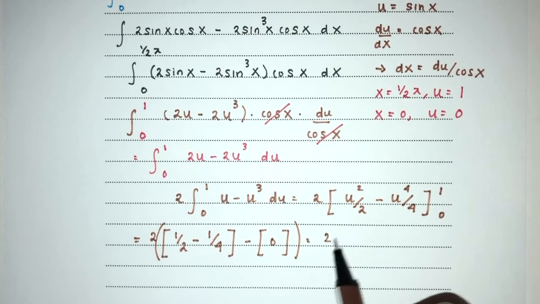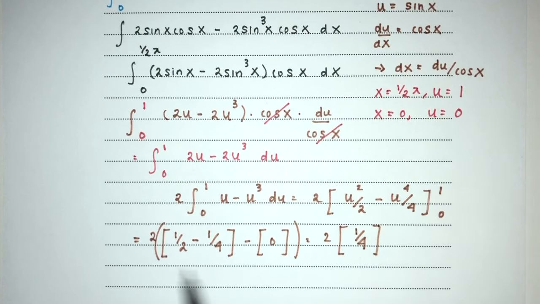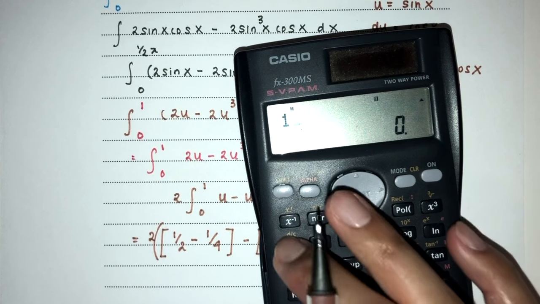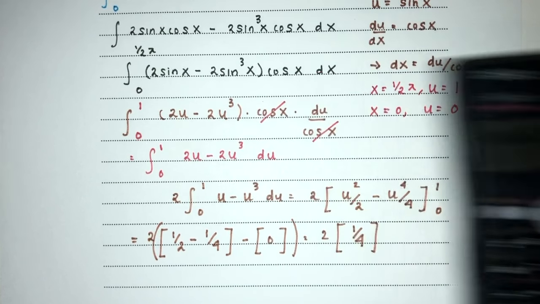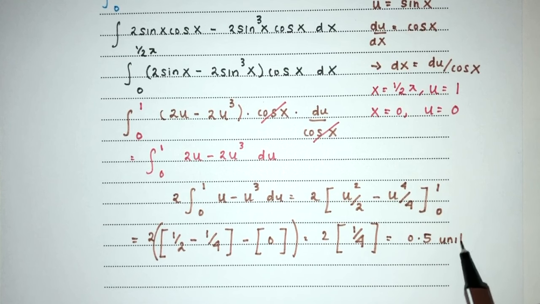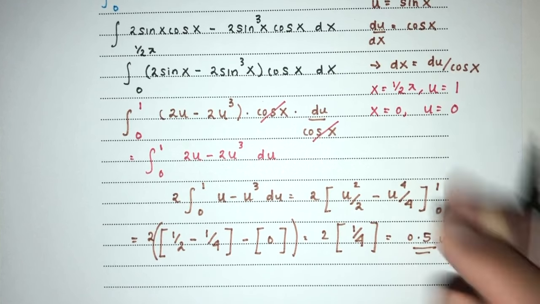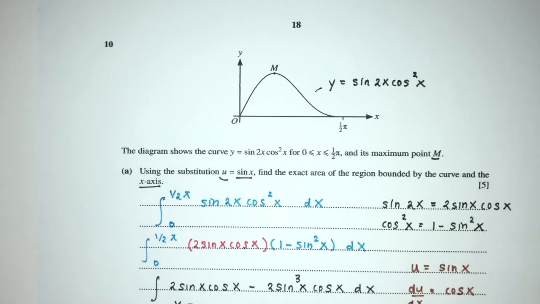Half minus 1 over 4 will be 1 over 4, and then times 2, that should be half. So your answer is 0.5 units squared for the area under the curve.